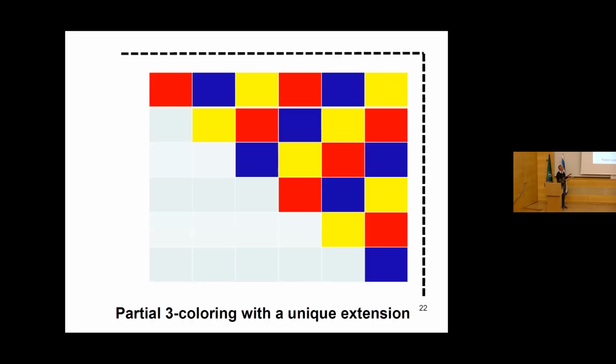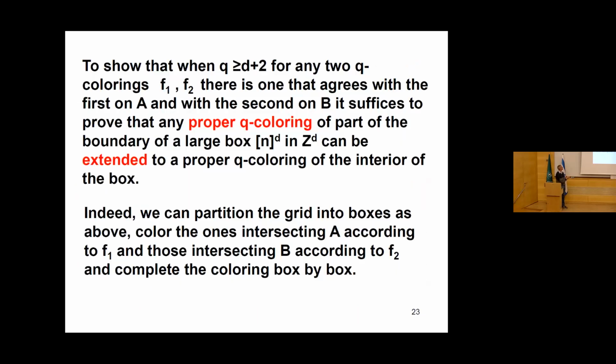Now this picture is kind of an explanation why it is not true when Q is only D plus 1. But let me not talk much about it because I see that my time is limited and there are a few things that I still want to be able to say.